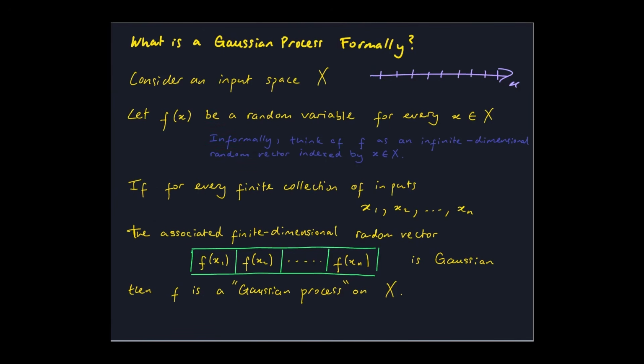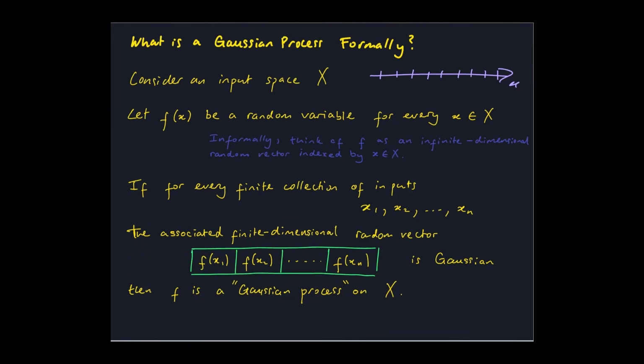Because it's difficult to think about infinite dimensional objects, we say that if we choose a finite number of input points and inspect what the random object f looks like on any finite set of inputs, so on any collection of inputs x1 to xn, where n is finite, we can consider that to be a random vector.